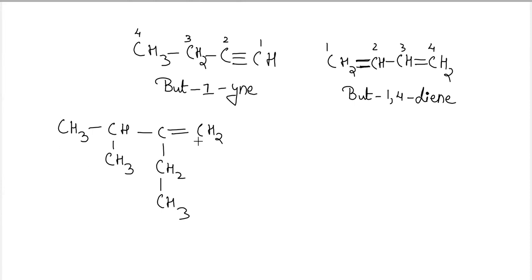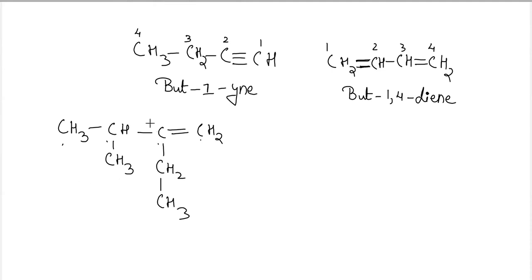But when we take the chain 1 2 3 4, this chain in which 4 carbon atoms are there, two substituent groups are there. So out of the two chains which contain the same number of carbon atoms, 1 2 3 4 here also, 4 carbons in the straight long chain and 4 carbon atoms in this L shaped chain, we see that in the L shaped chain only one substituent group is there.